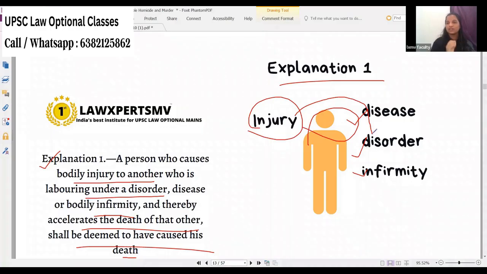Now, the accused cannot say that I just gave a blow and only because of the disease he died. He cannot take that plea because of Explanation 1. The explanation deems that since he is laboring from these diseases, whether you know or you don't know, if you give such an injury and his death is accelerated, then you are causing culpable homicide. That is Explanation 1. But in murder, we will impute a knowledge here again. We'll see how culpable homicide is escalated to form murder.